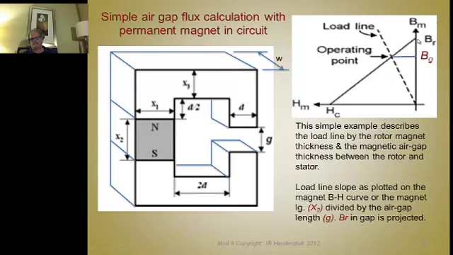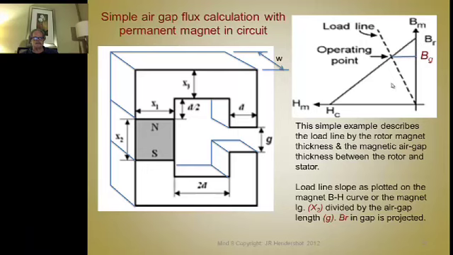Magnets have high hysteresis, so they were magnetized in this quadrant, and then when the field was turned off, this much flux density remained in the magnet. So that's what we have to work with. In a closed circuit, that's our B sub R. That's the flux that we have available for our flux linkage.